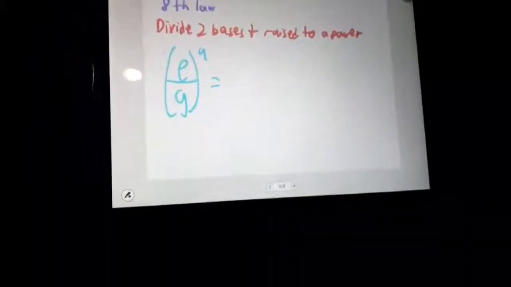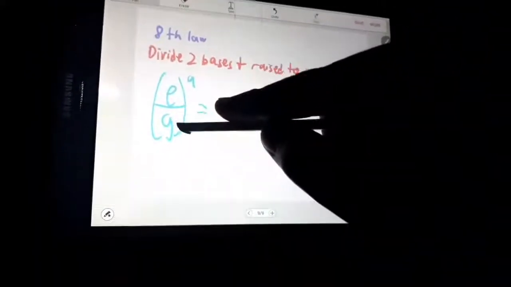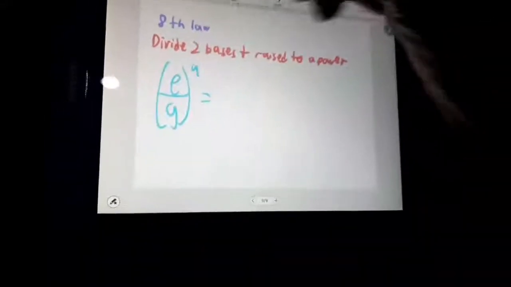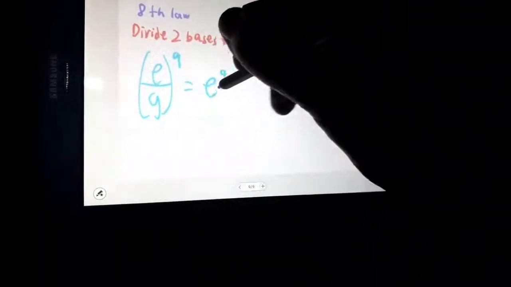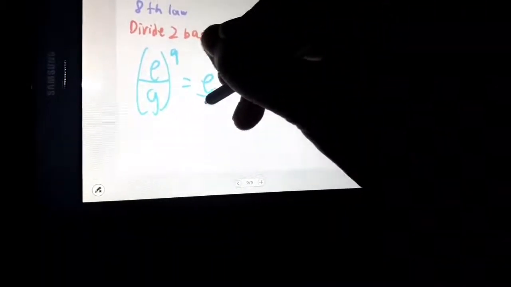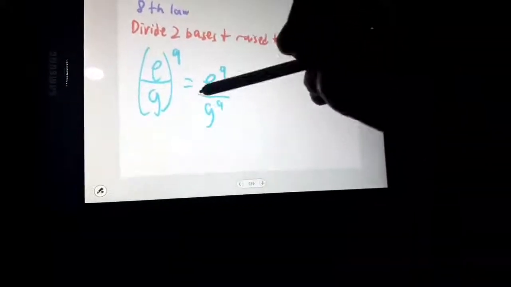So, kunyari, E over G raised to 9. So, wait lang, mukhang 9 dapat ha. So, E raised to 9 divide over G raised to 9. Pareho lang yun kasi nagdi-distribute lang po yung mga variables dito.